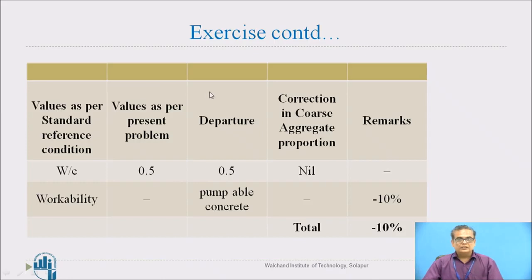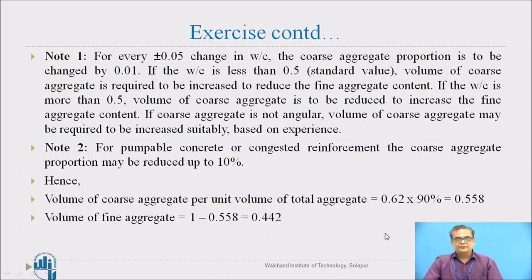Then the workability considerations are there. Corrections are to be made in the aggregate proportions. See here, for every plus or minus 0.05 change in water cement ratio, the coarse aggregate proportion is to be changed by 0.01. These adjustments are given in the code and are to be done.